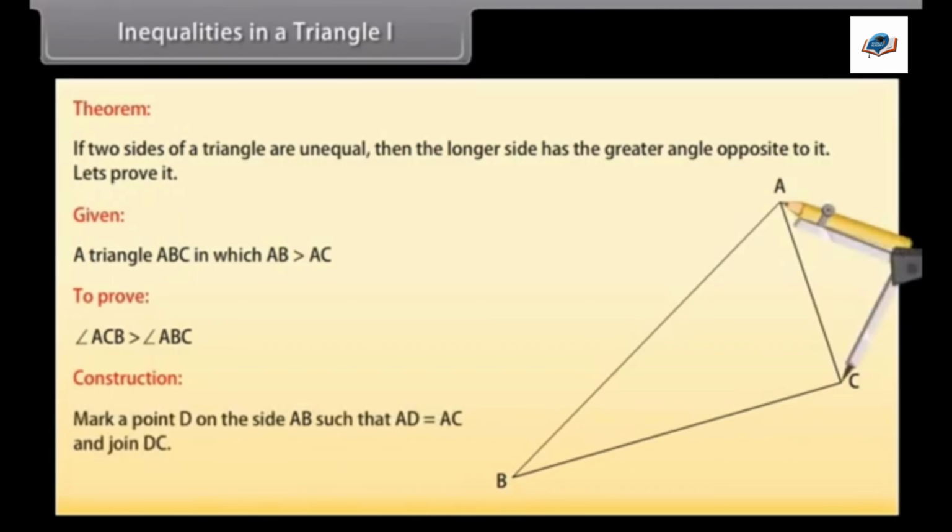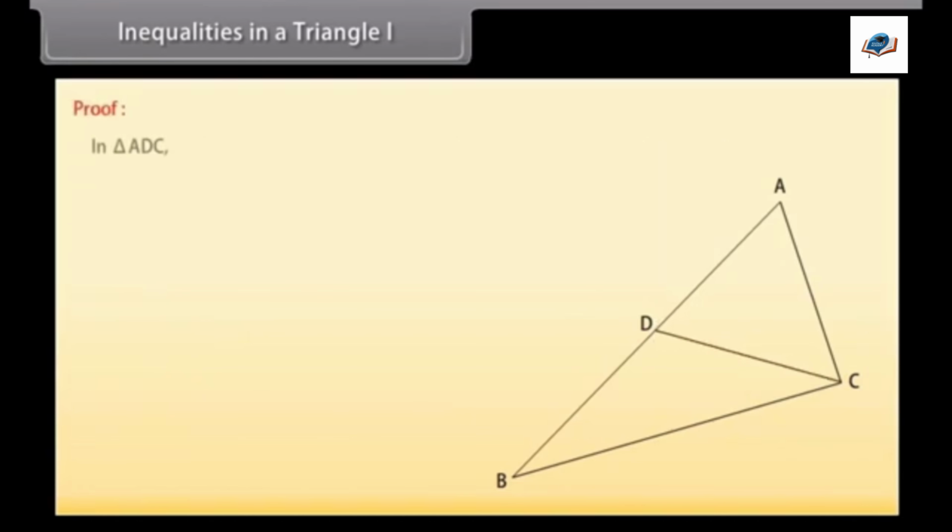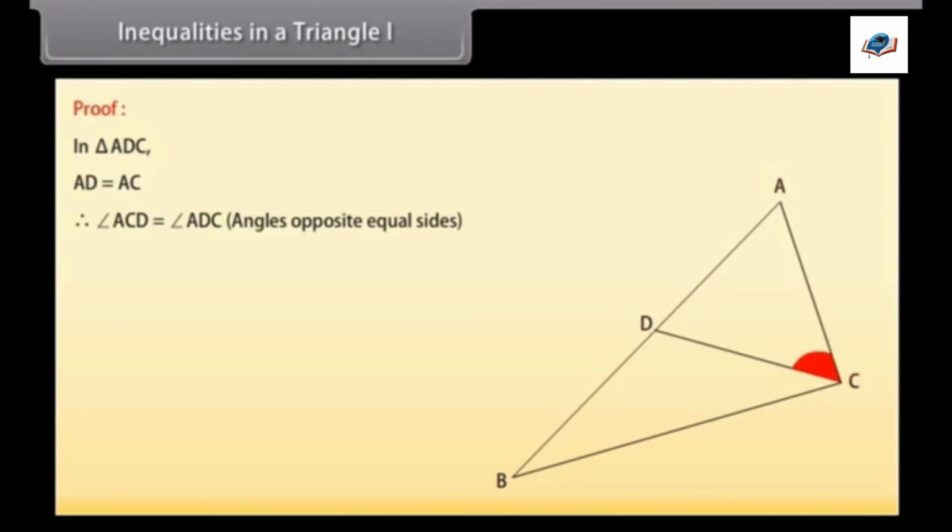Construction: mark a point D on the side AB such that AD is equal to AC and join DC. Proof. In triangle ADC, AD is equal to AC. Therefore, angle ACD is equal to angle ADC because angles opposite equal sides of a triangle are equal.